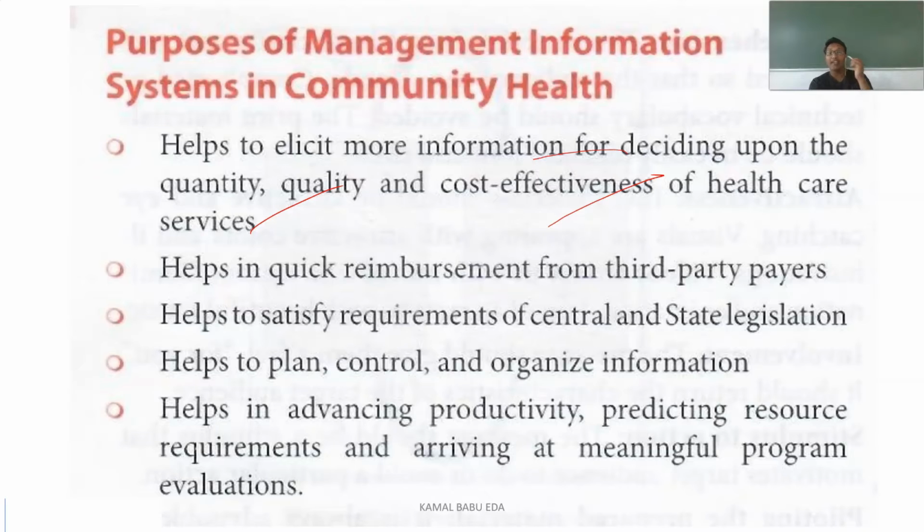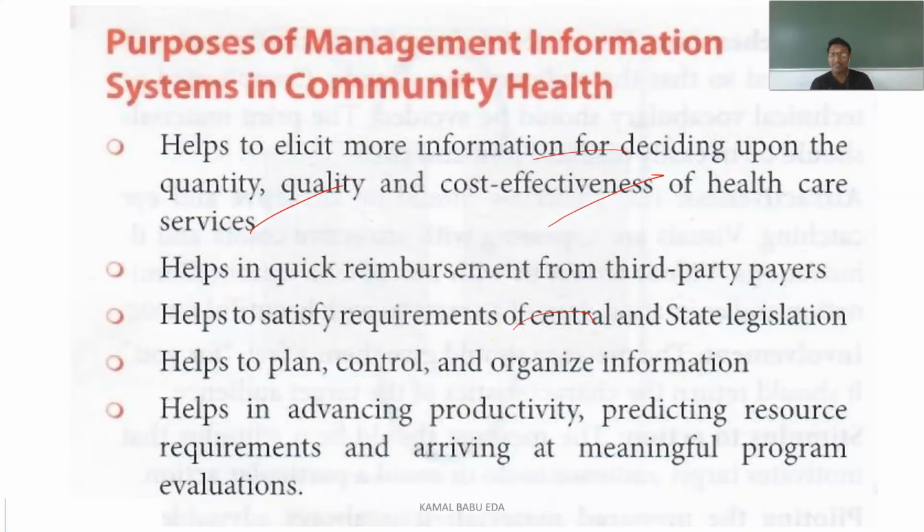It helps in quick reimbursement from third party payers, and it helps to satisfy the requirements of central as well as state legislation. In order to run any kind of health program, or to provide any health benefit to a community or an individual, the state government as well as the central government requires information.